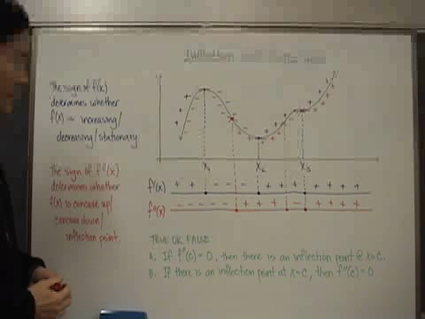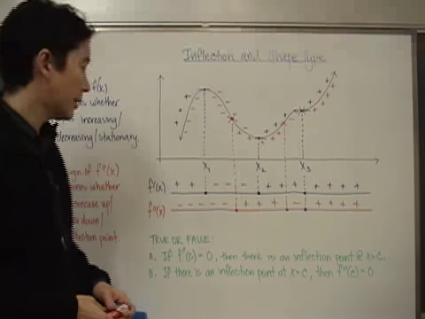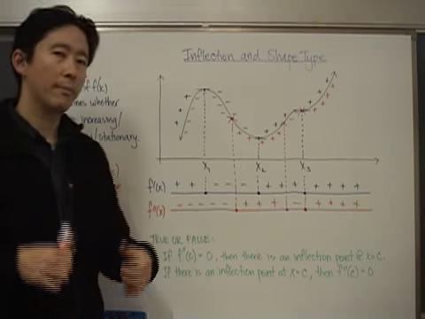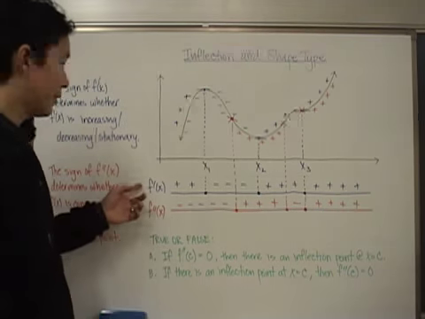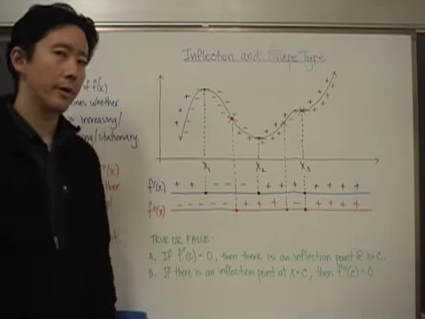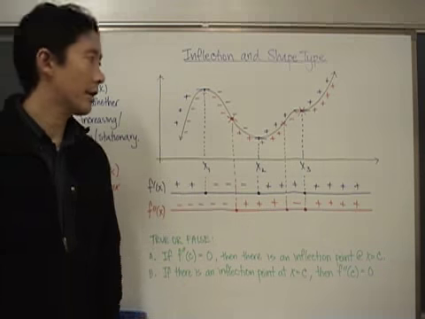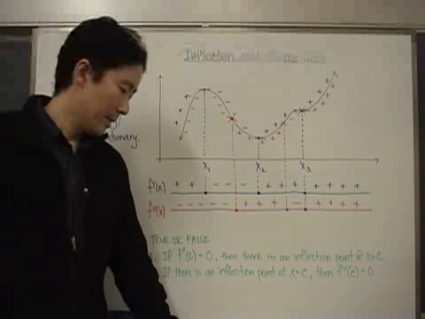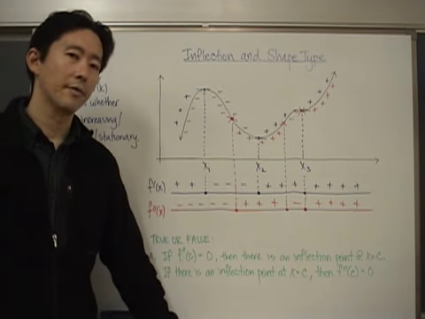So that's how we can also use the second derivative to better determine the shape of the graph. With the first and the second derivative put together, we can come up with a graph that should be a pretty good representation of the function itself.